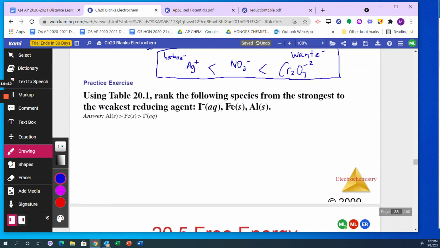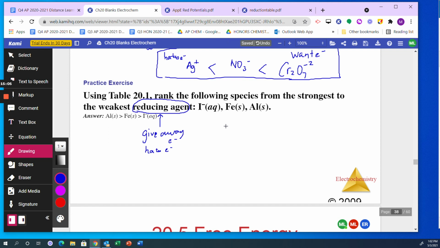Using the table, rank the following species from the strongest to weakest reducing agent. Pause the video and try this yourself. A reducing agent wants to reduce something, so it wants to give away electrons. So that means it hates electrons.